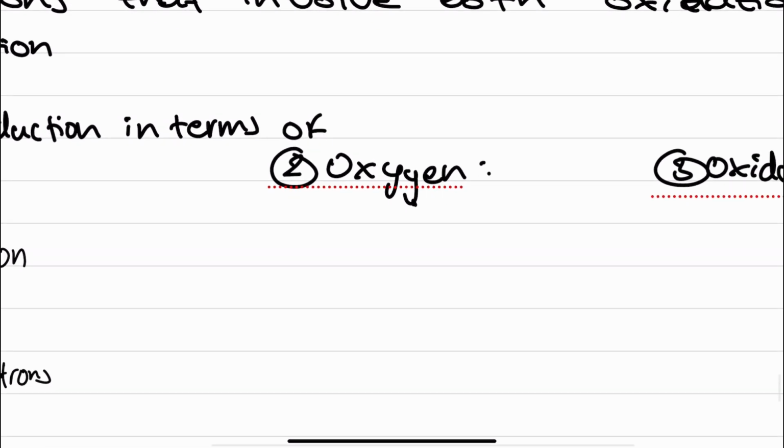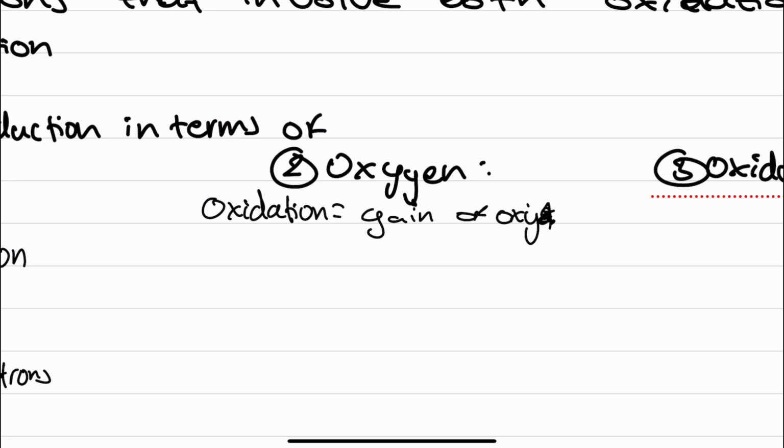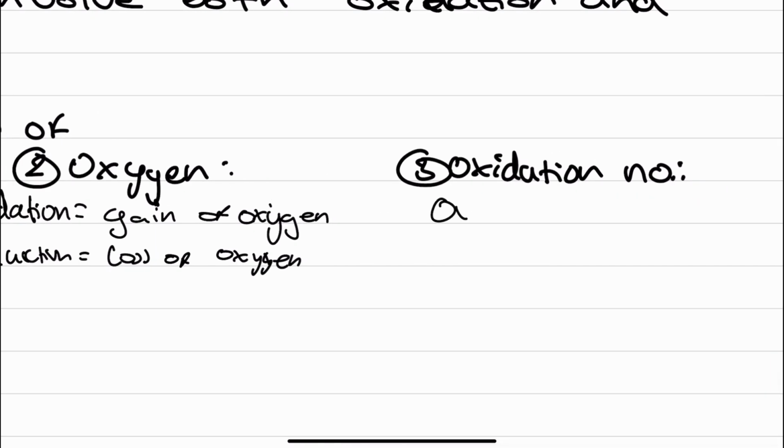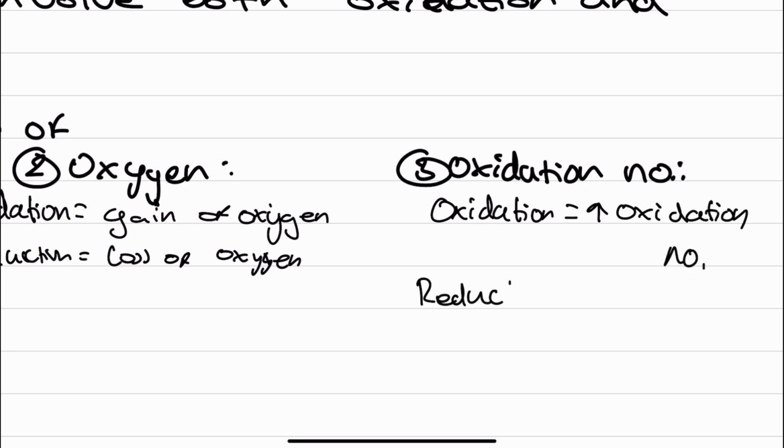In terms of oxygen, it's purely oxidation is the gain of oxygen, and reduction is the loss. And in terms of oxidation number, oxidation is an increase in the oxidation number, whereas reduction is the decrease in oxidation number.